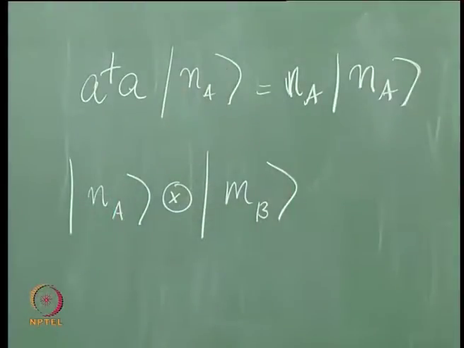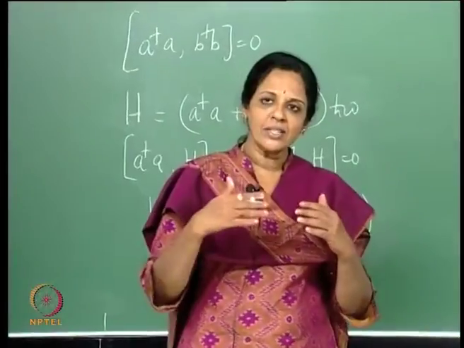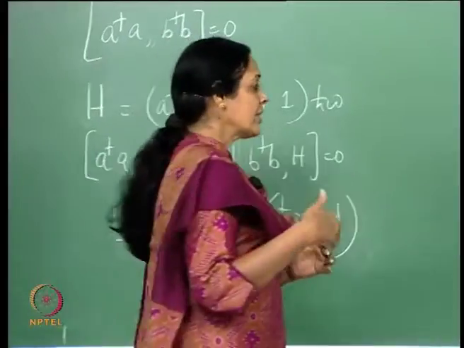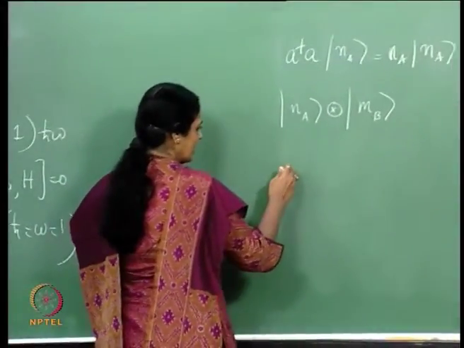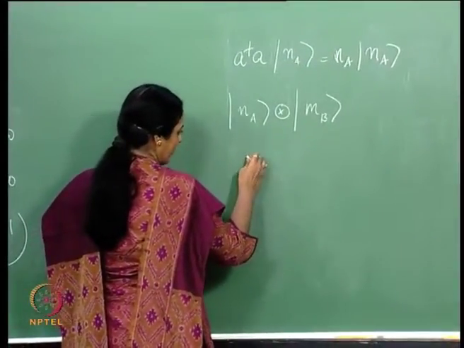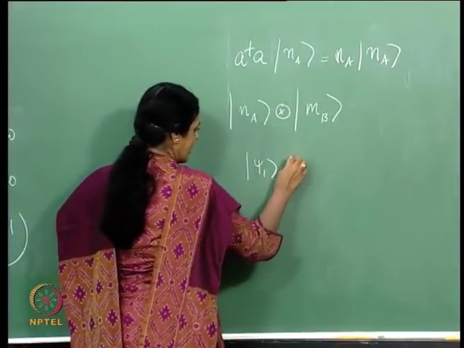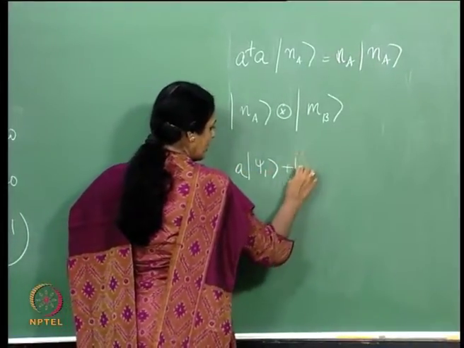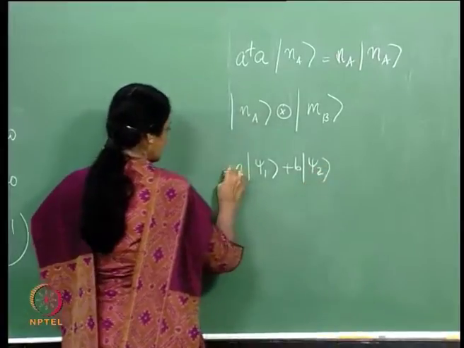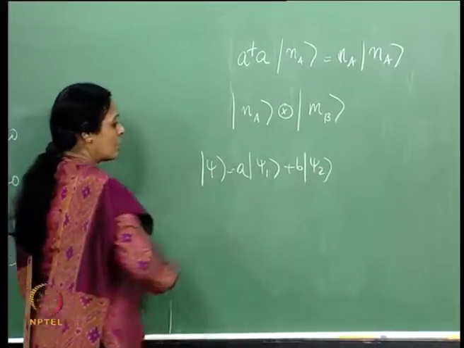It is clearly inspired by the fact that even in a single system, there is a superposition principle, and if you have basis states psi 1 and psi 2, A psi 1 plus B psi 2 is also a state of the system.